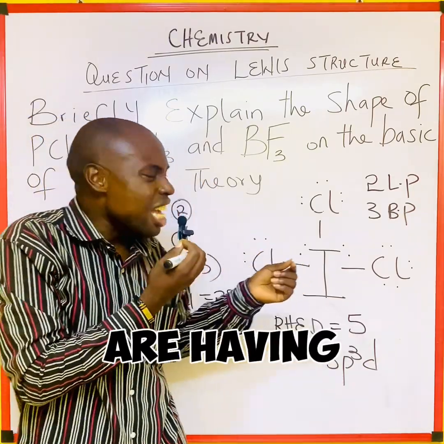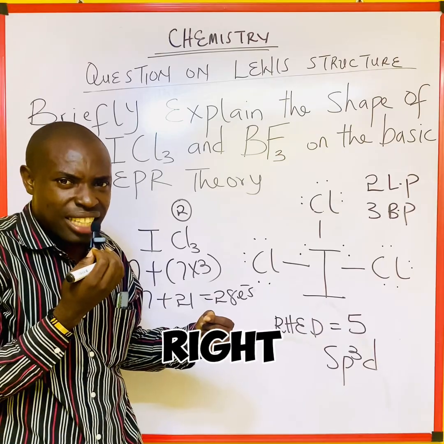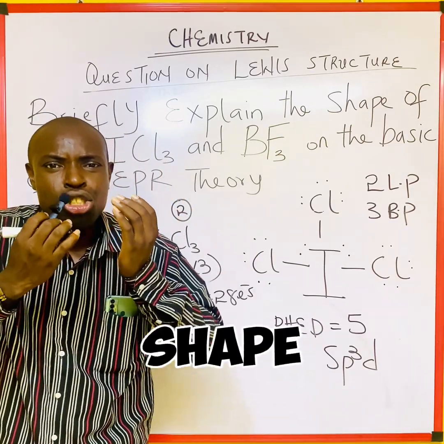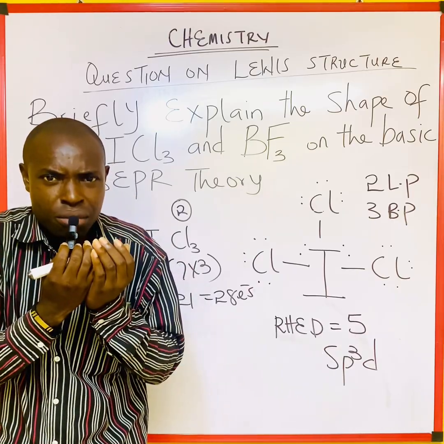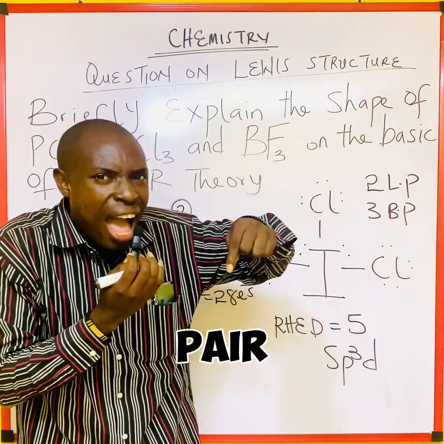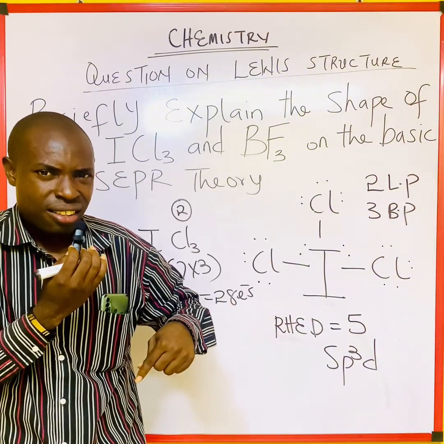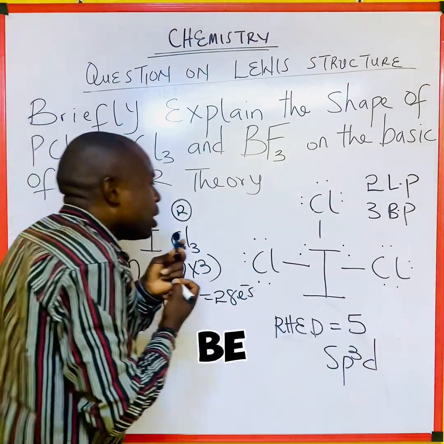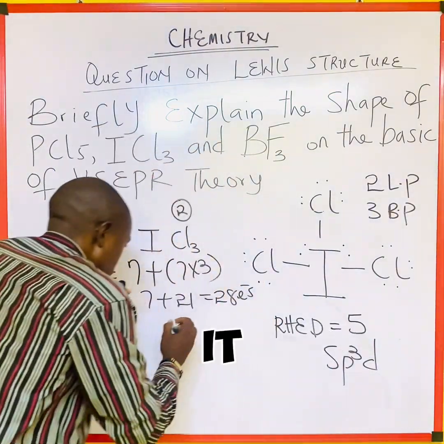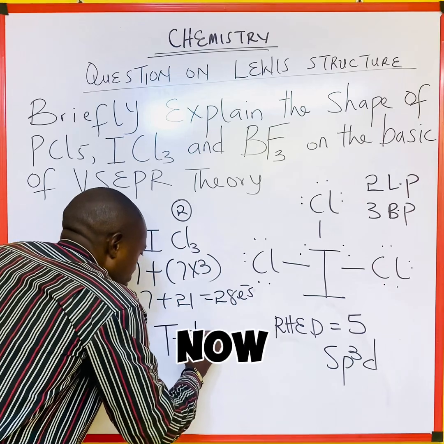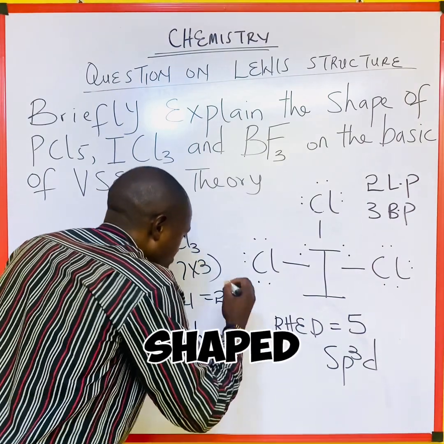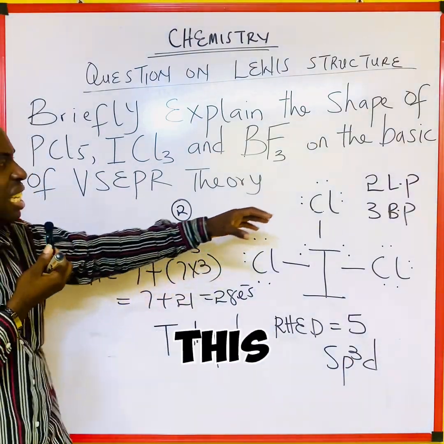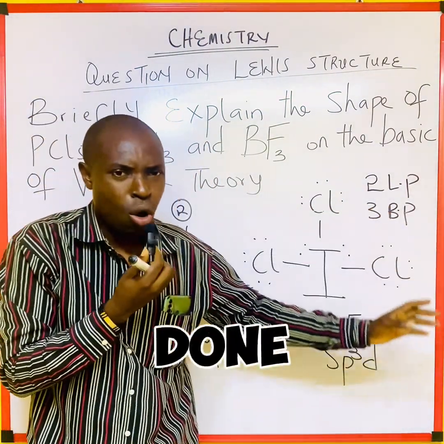But having a lone pair will affect the shape and the structure of the molecule, because lone pairs are stronger than bond pairs. Is that clear now? And as such, what will be the molecular geometry? It becomes T-shaped. T-shaped. And this is how it is done.